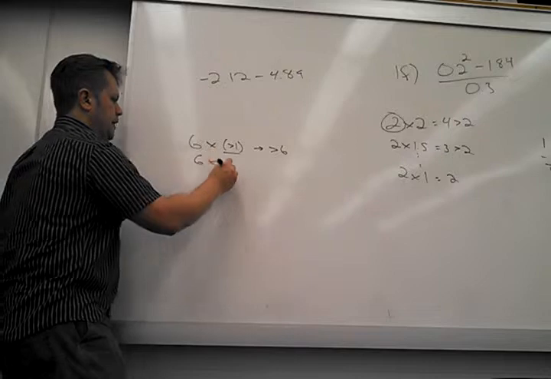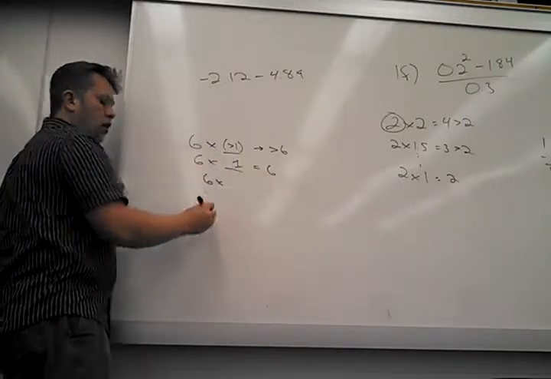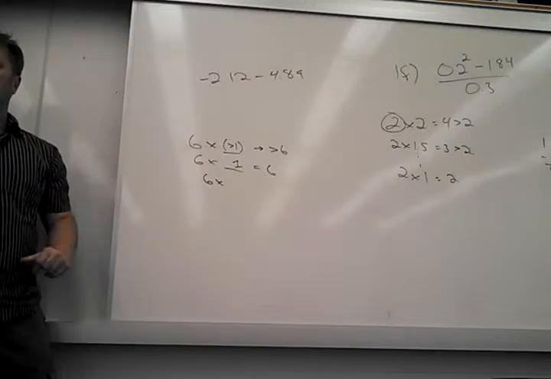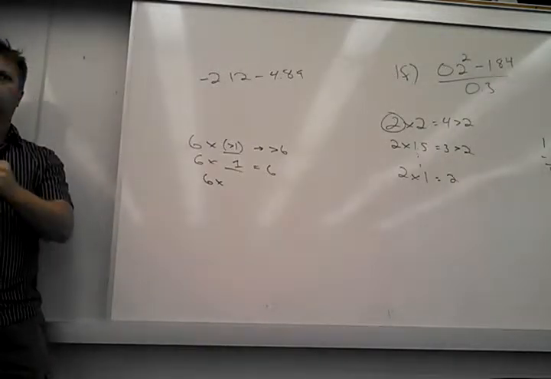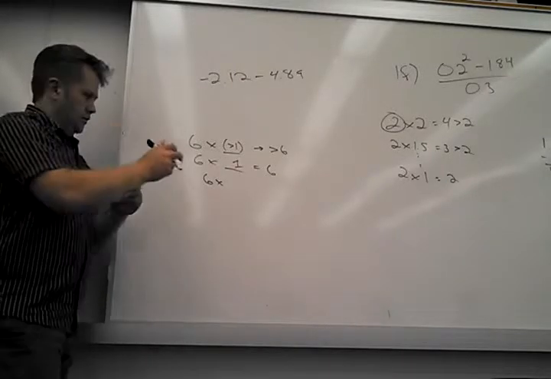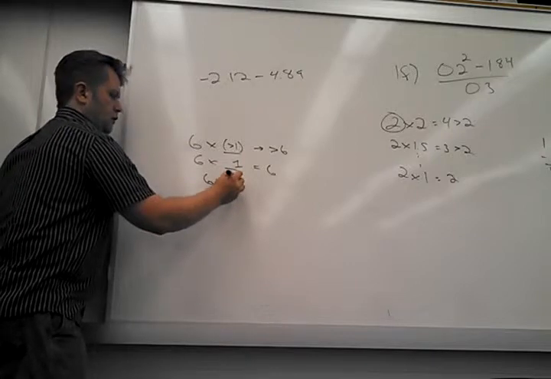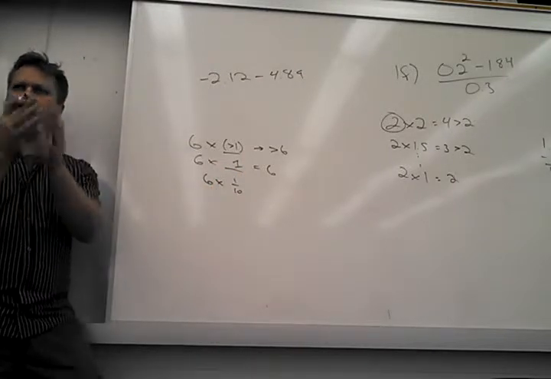If I want it to stay the same, what would I multiply by? 1. If I want it to get smaller but not go negative, I want it to be positive but a smaller number, so I'd have to multiply by something less than 1, like a half, 1/10, or any decimal in between.